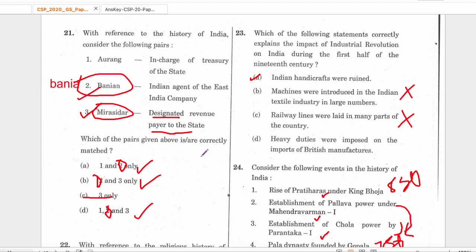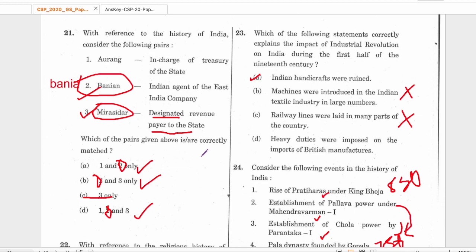Question number 23. Which of the following statements correctly explain the impact of industrial revolution in India during the first half of the 19th century? First half is 1800 to 1850. Indian handicrafts were ruined. We know this, but we will keep it on hold. Option B is machines were introduced in the Indian textile industry in large numbers.